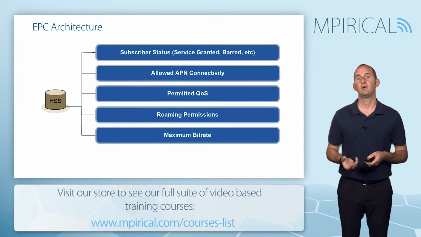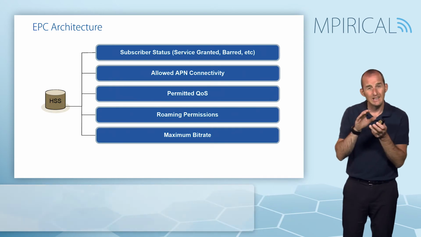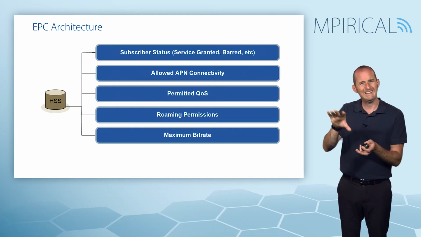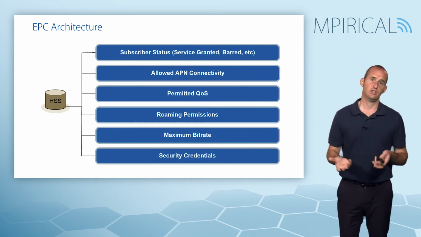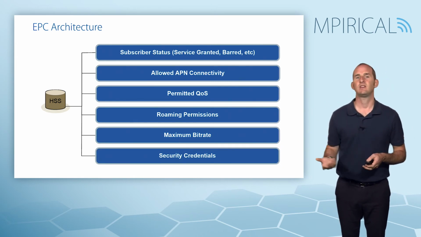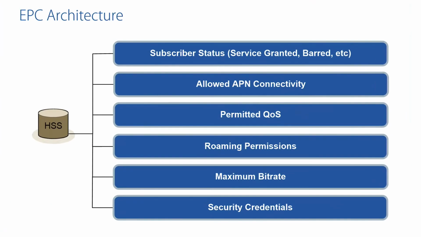This will be maximum bitrate on an overall basis and also maximum bitrate on an individual APN or PDN connection basis. And then finally, security credentials. So whenever we attach to the network, there's a whole host of different security that's established, and the central point to it is the storage of security credentials at the HSS and on board the device itself.